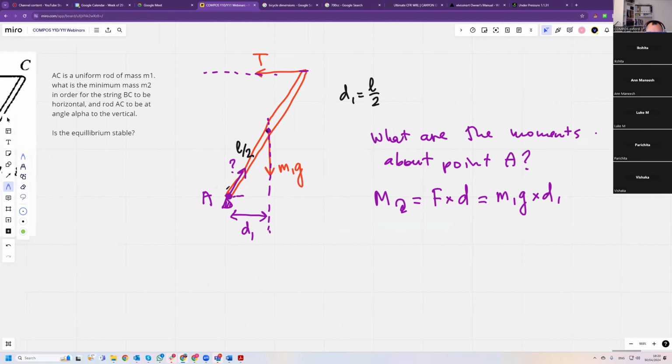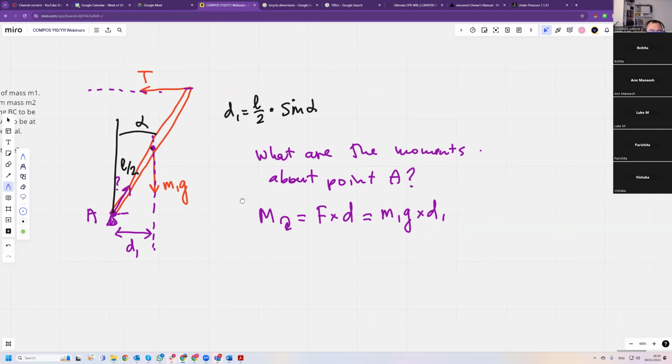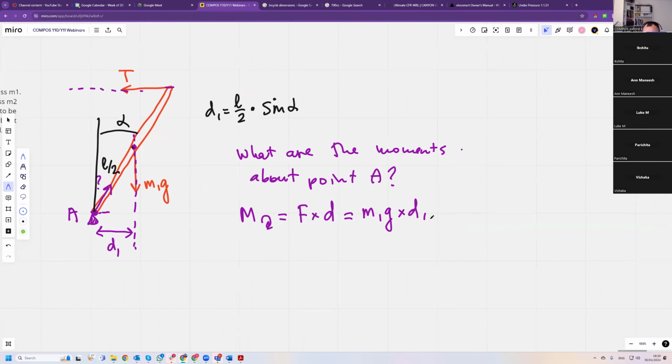We do have an angle. L over 2 multiplied by sine alpha. Okay. So that's equal to M1G multiplied by L over 2 sine alpha.